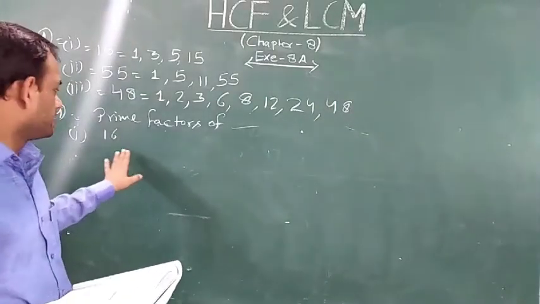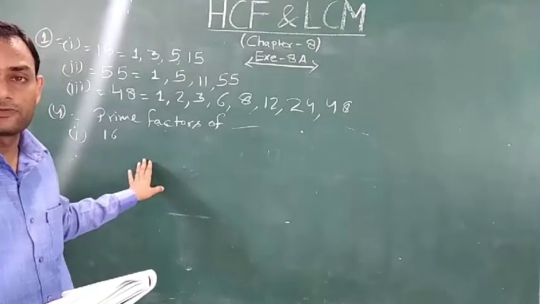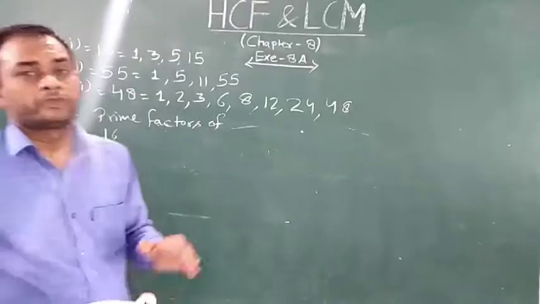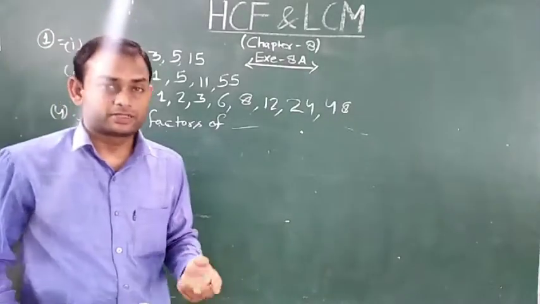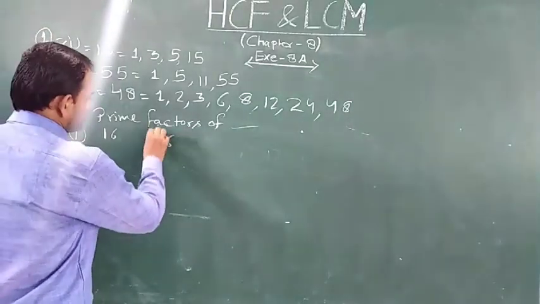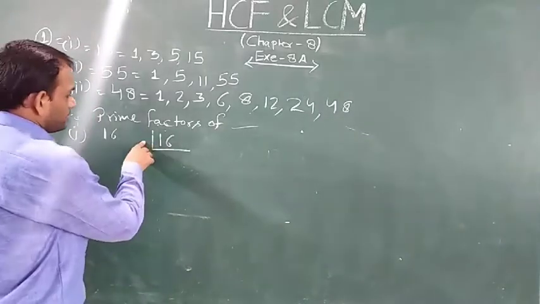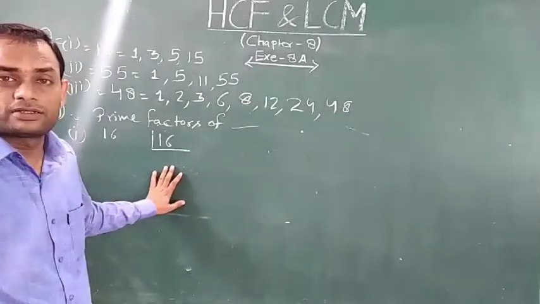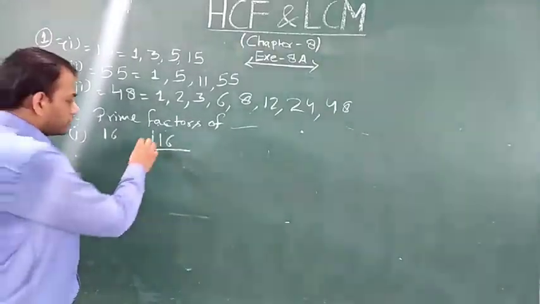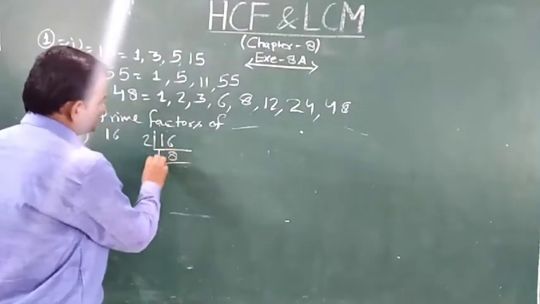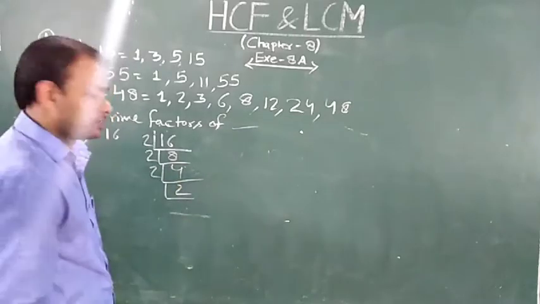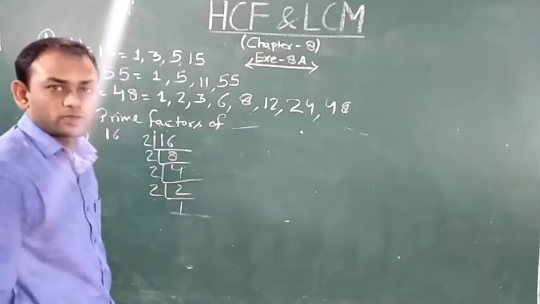In the last video, if you remember, I gave you the example of 12. Similarly you will do it like this. I gave you one method, the division method, so we will apply the division method here. In the division method, we always divide the given number by the smallest number, except 1. 2 8s are 16, 2 4s are 8, 2 2s are 4, and 2 1s are 2.